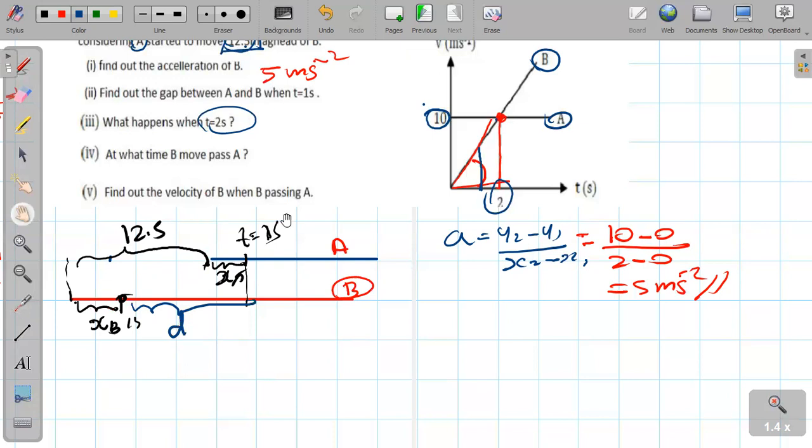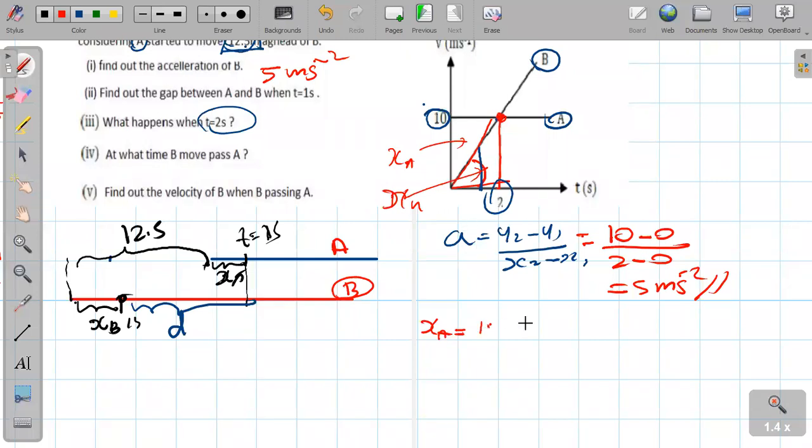So how to find it? Now for x A, I'll find x A from here and x B from this one. Now x A is what? A is like a rectangle.